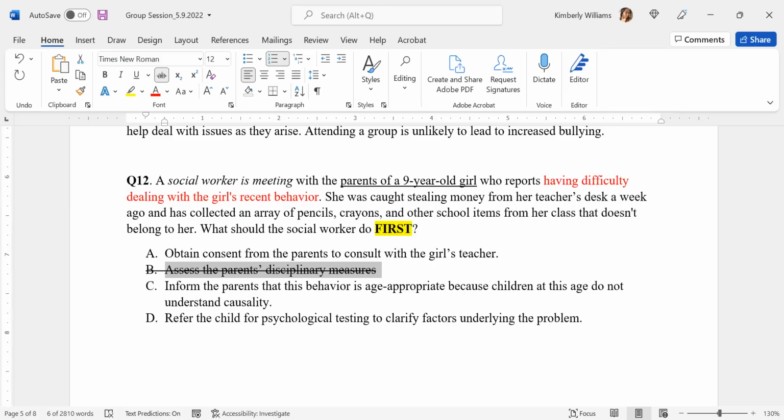I would say pause. Okay. So what about D? Refer the child for psychological testing to clarify factors underlying the problem. No, scratch. Okay. All right, so we got A. Rochelle said that it was A, and then somebody wanted to pause. Inform the parents that this behavior is age appropriate.